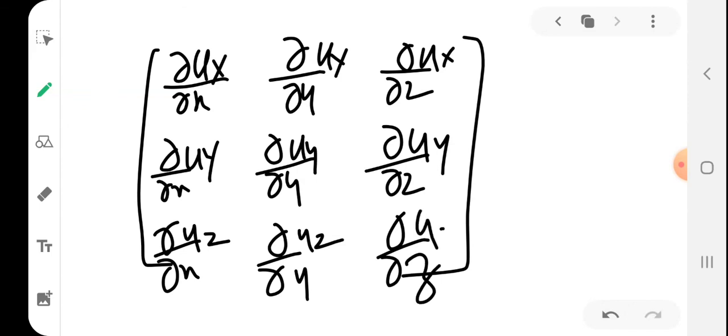So this matrix is known as the displacement gradient matrix.